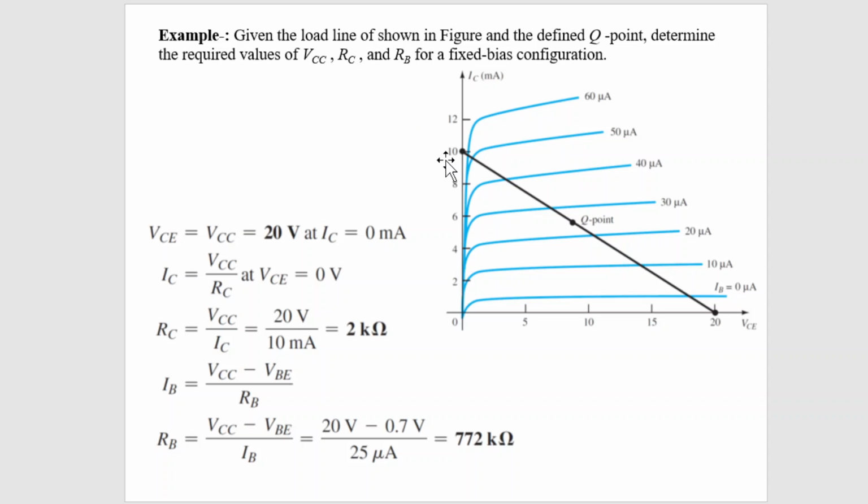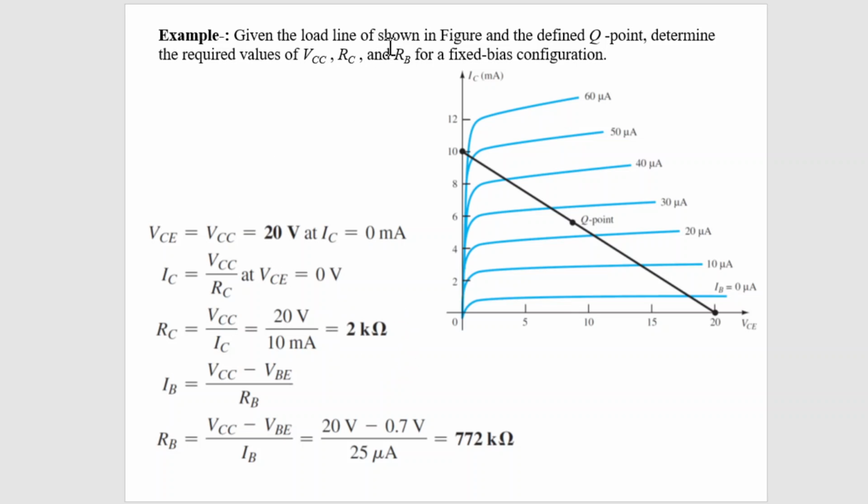Since VCC is known, we can calculate RC. IC saturation is 10 milliampere, so RC is equal to VCC upon IC, that is 20 upon 10 milliampere, that is 2 kilo ohm. So the DC power supply is 20 volt and the collector resistance is 2 kilo ohm.